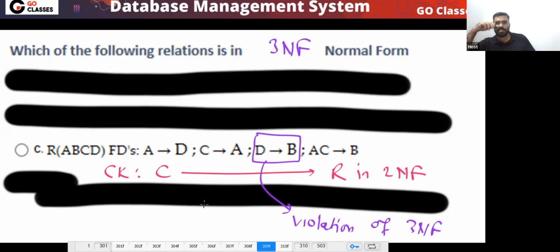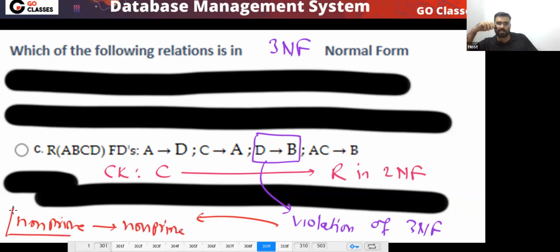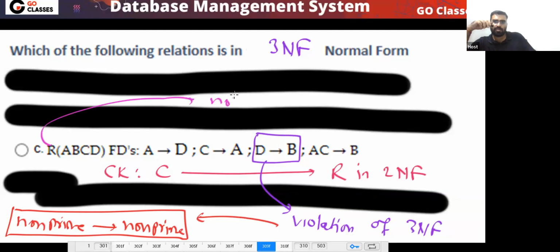So 3NF is much easier actually. Yes, this is a violation of 3NF. Why? Because non-prime determines non-prime. So I can say this R is not in 3NF. Can you check the same? Is there any transitive dependency? Yes, this is the transitive dependency.